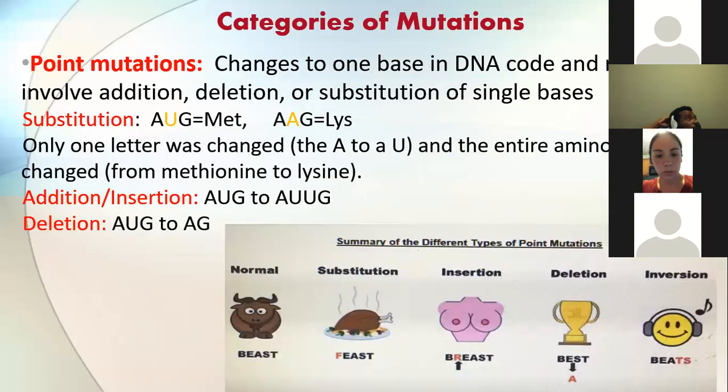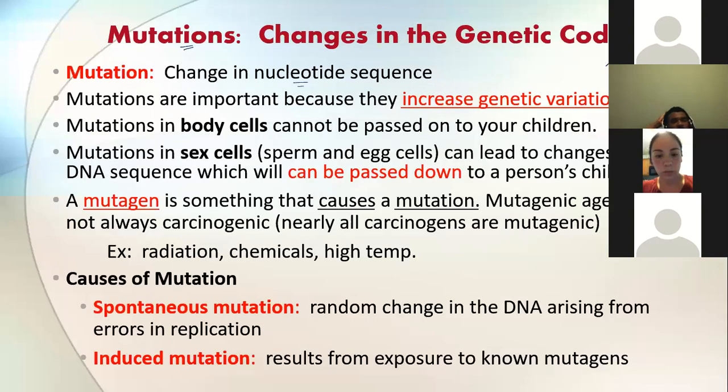The mRNA cannot start protein synthesis because there is no start codon, so the cell cannot make that specific protein.